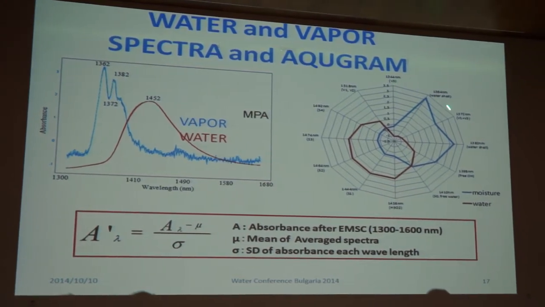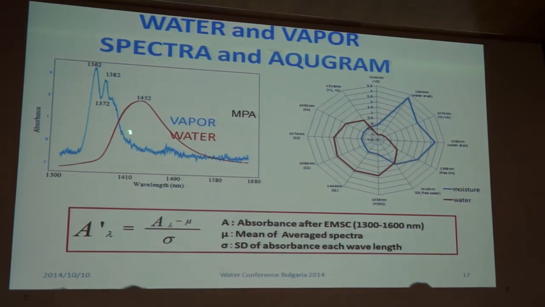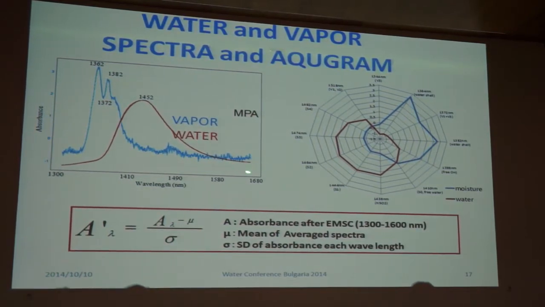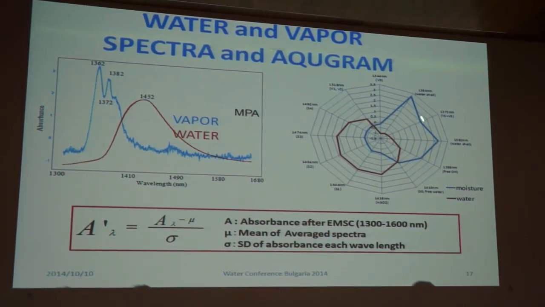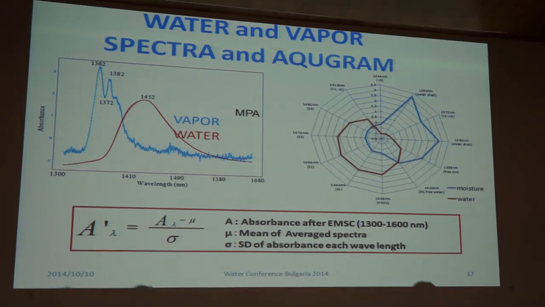Aquagram is based on these 12 bands, and this is the spectrum of water vapor and liquid, just water. And this is how we see these 2 spectra at these 12 specific bands. So you cannot mix them. I mean, you cannot mistake.